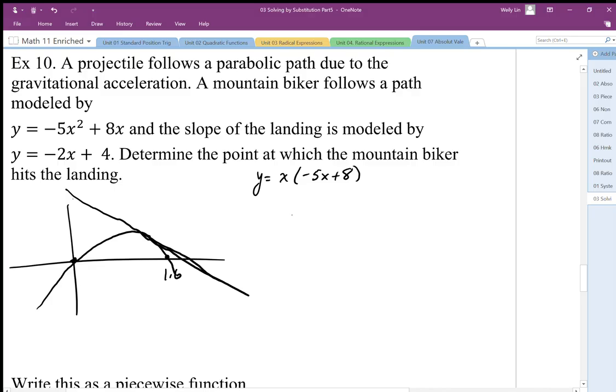So I'm going to again make the y's equal to each other and solve this. I end up with a quadratic equation again, so I'm going to make it equal to 0 on this side. I get 5x squared minus 10x plus 4.